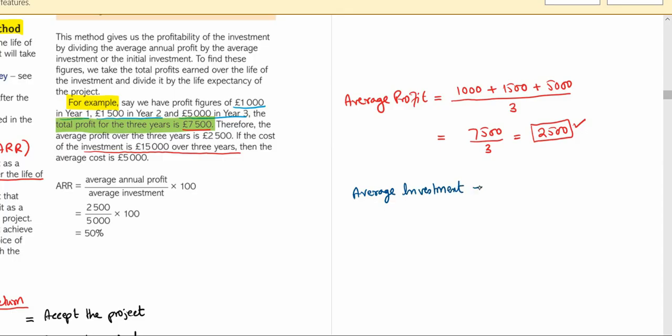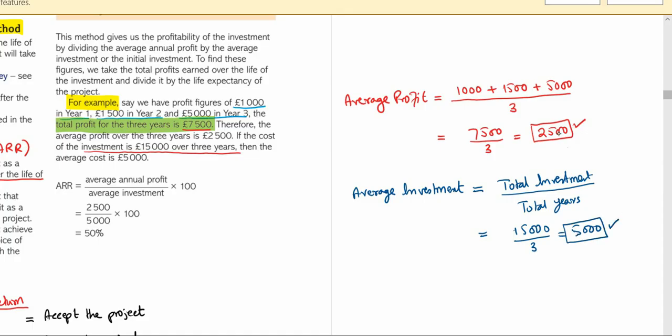Because there is no opening and closing value, we may use total investment divided by total years. So total investment is 15,000 over the 3 years, so average investment is 5,000.